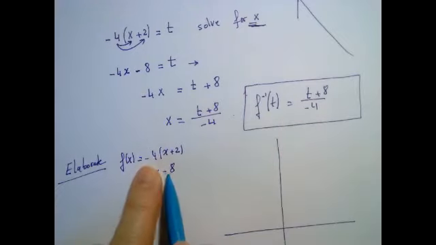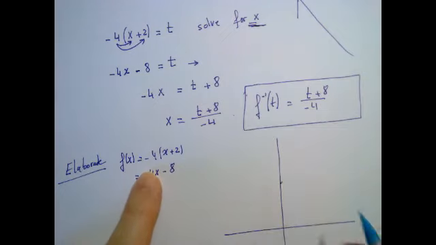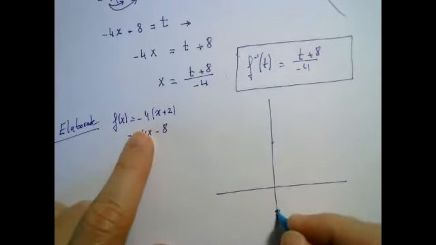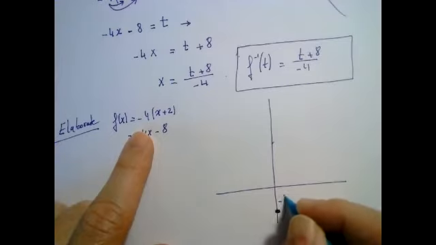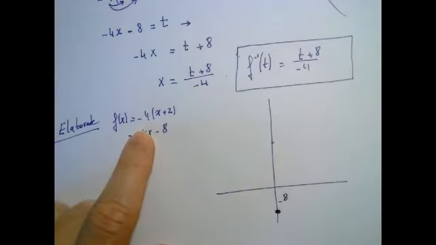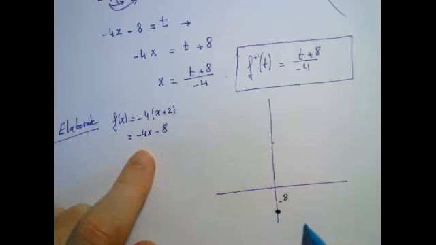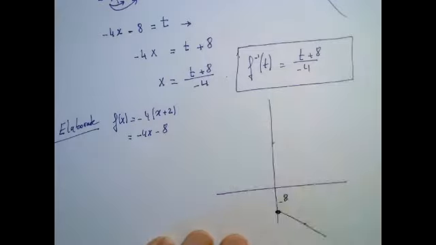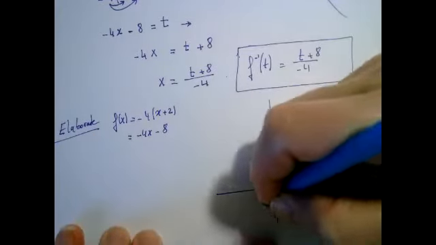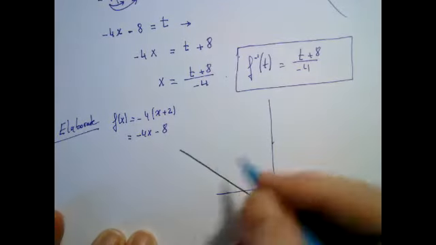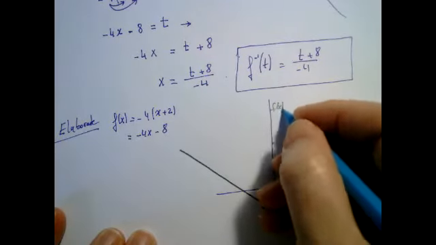The easiest point is the intercept, for x equal to 0. I am at minus 8, so this is minus 8 here. Then I can take any other point. If I take x to be 1, I am at minus 12, which is down here. So this is my line, the graph of my function.